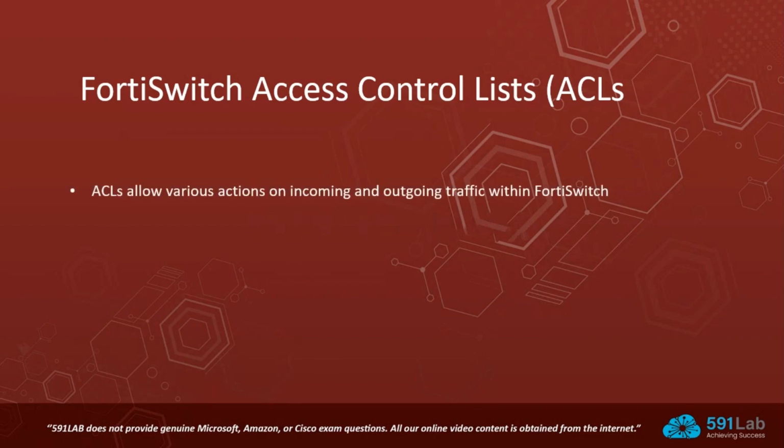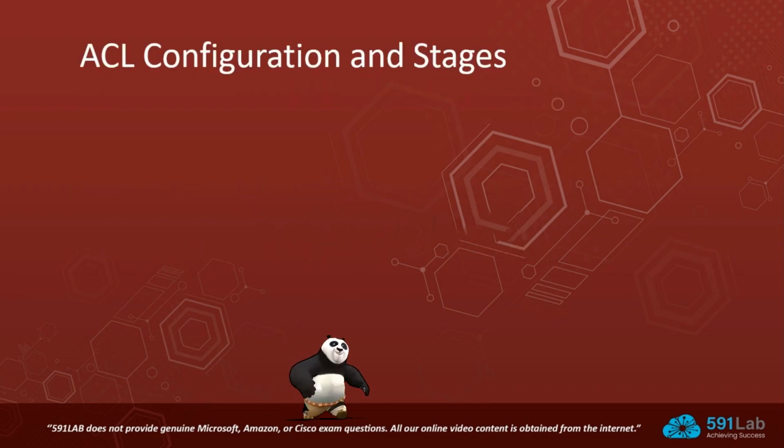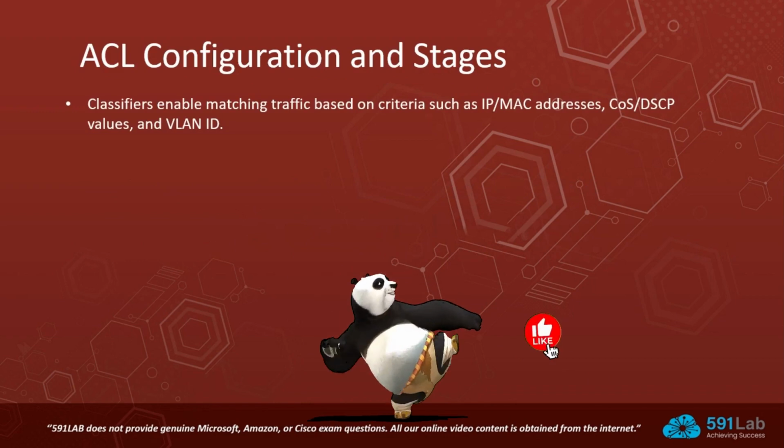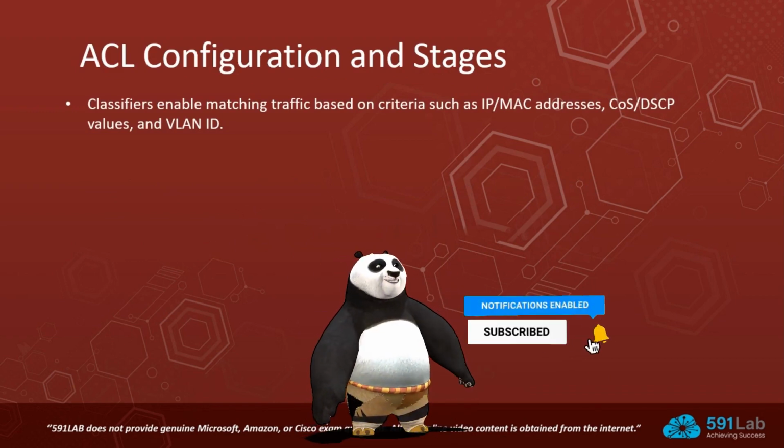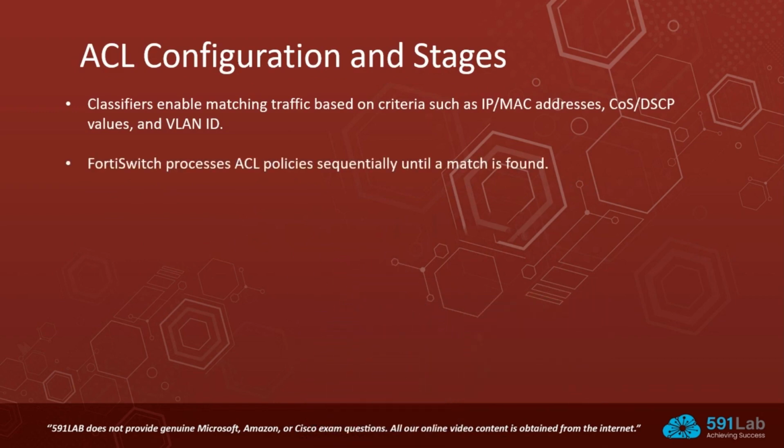It enables you to perform multiple actions on matching traffic that enters and leaves the switch. You can configure FortiSwitch to perform the following type of actions on traffic. First one, traffic processing. It includes count, drop, redirect or mirror frames.